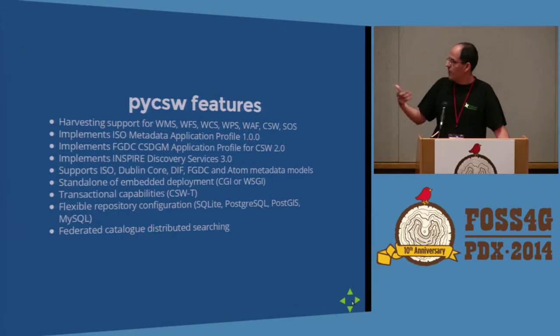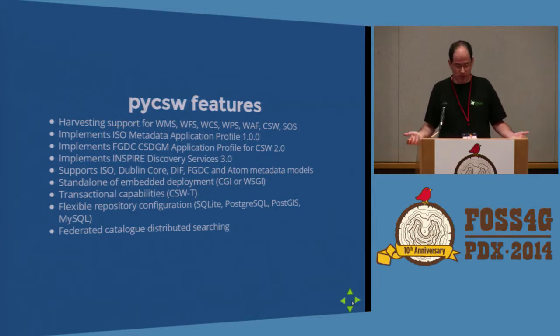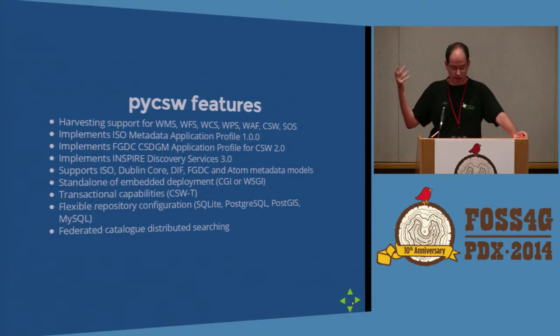Apart from what we did for this project, I'm just showing you some features that pycsw is already doing, like harvesting WMS and WCS and all those standards. We support ISO, we support FGDC.